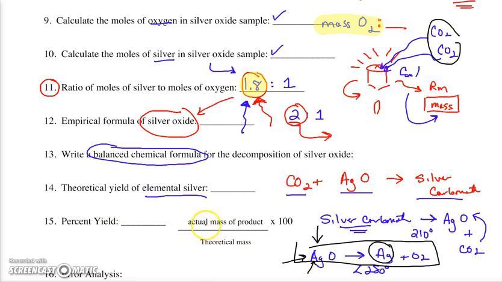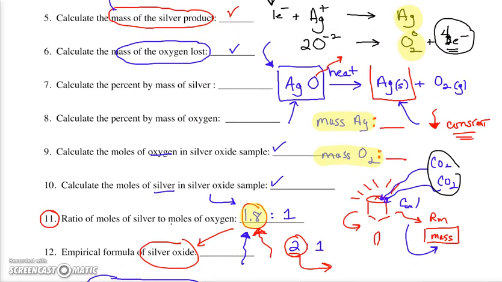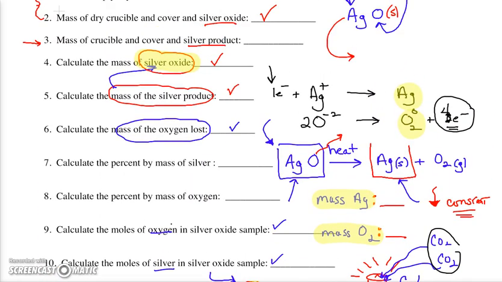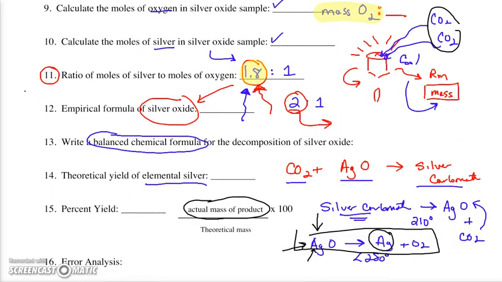Percent yield is what you actually got. What you actually got was the mass of the silver after heating it and verifying that by remassing it, reheating it, remassing it. So the mass of the silver product, that's your 5. That's what you got experimentally. And then theoretically, you just did that in 14. That's how you find your denominator, and that's how you find your value.